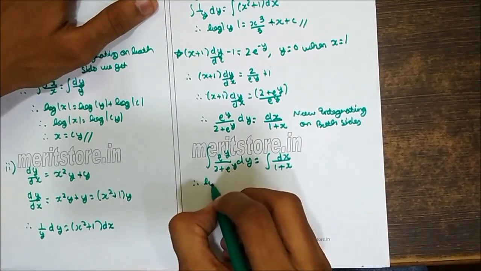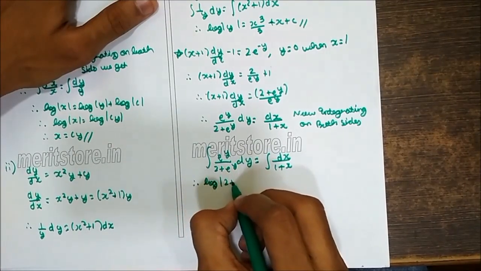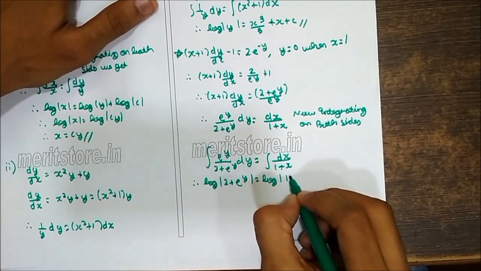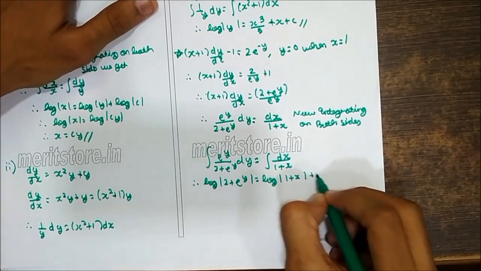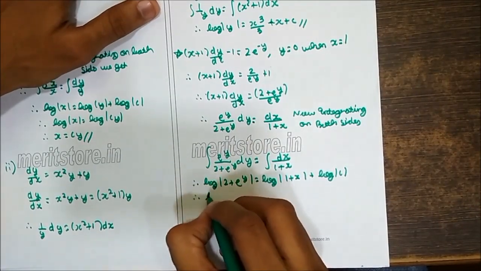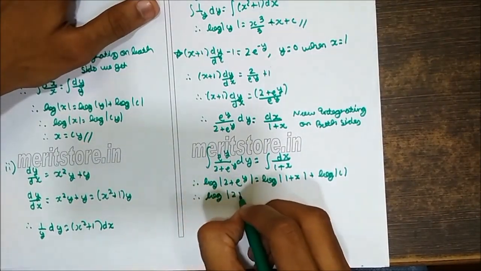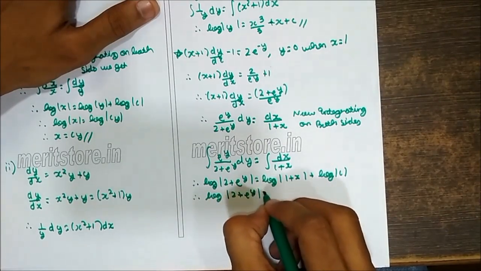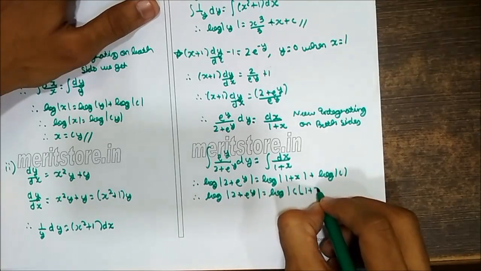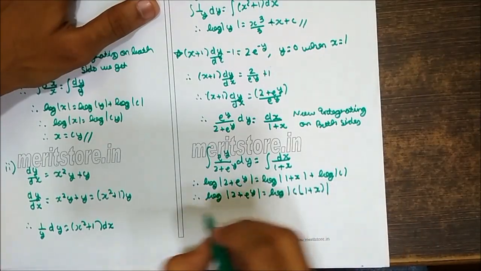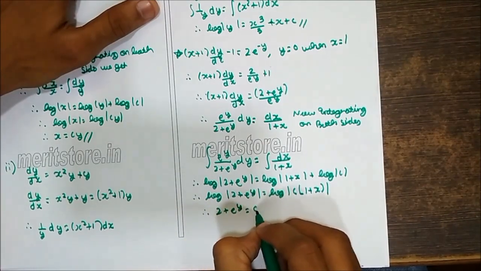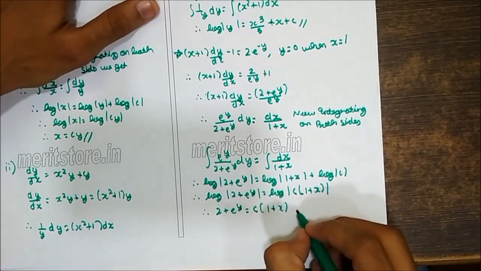Therefore log of (2 plus e raised to y) is equal to log of (1 plus x) plus log of c. Therefore log of (2 plus e raised to y) is equal to log of c(1 plus x). Therefore 2 plus e raised to y is equal to c(1 plus x).